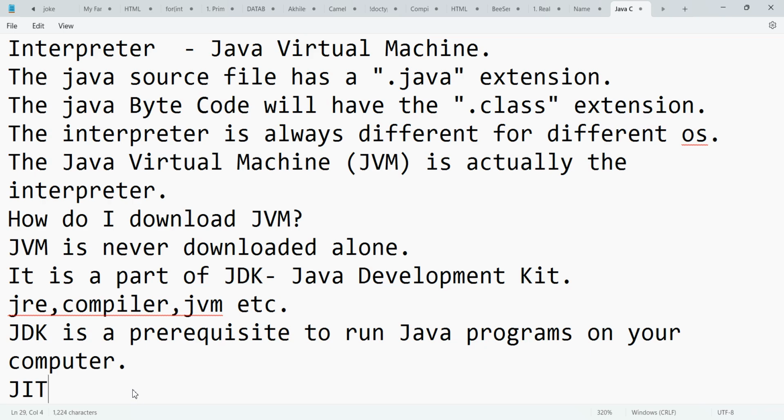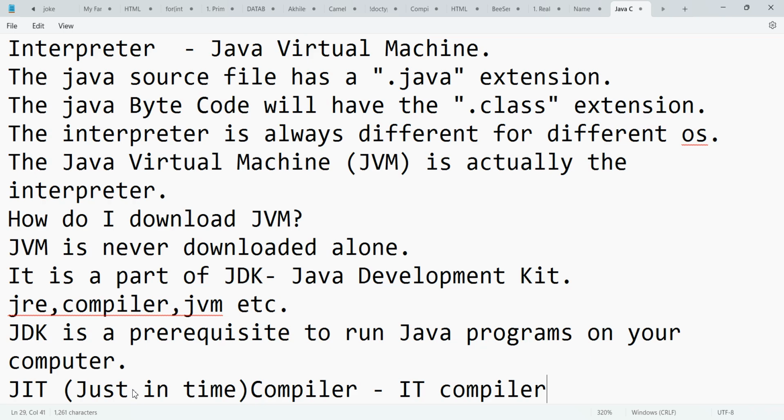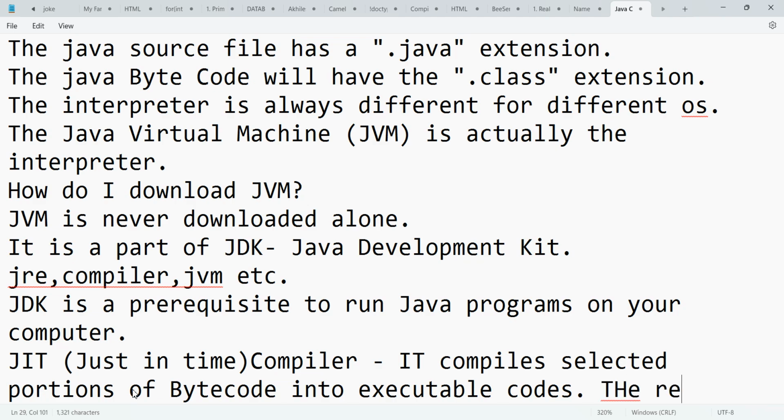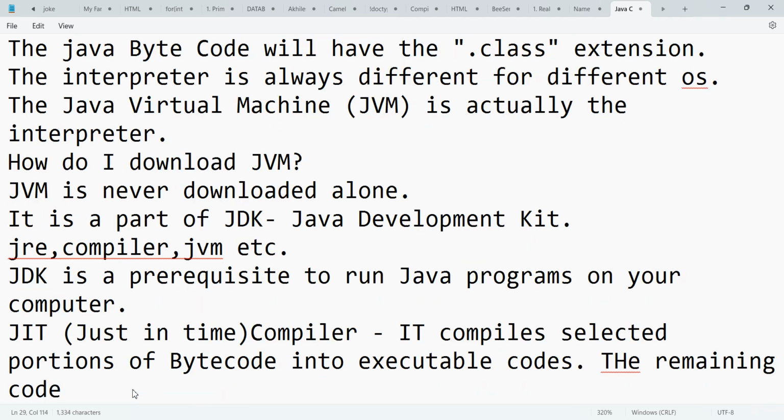One thing more you need to know: JIT, that is the just in time compiler. It compiles selected portions of bytecode into executable code. The remaining code is simply interpreted.